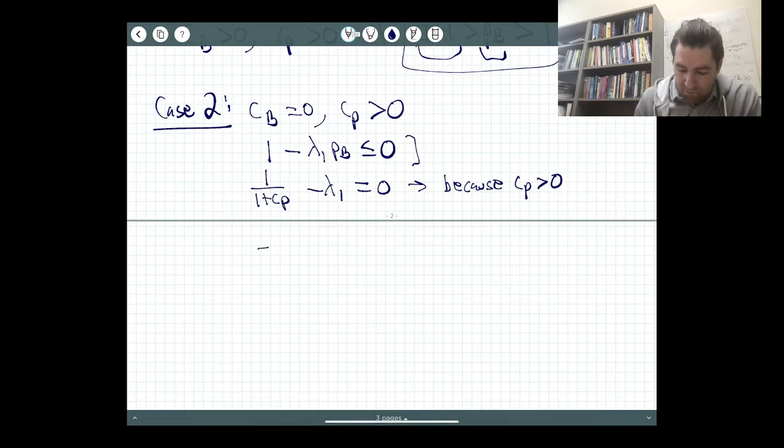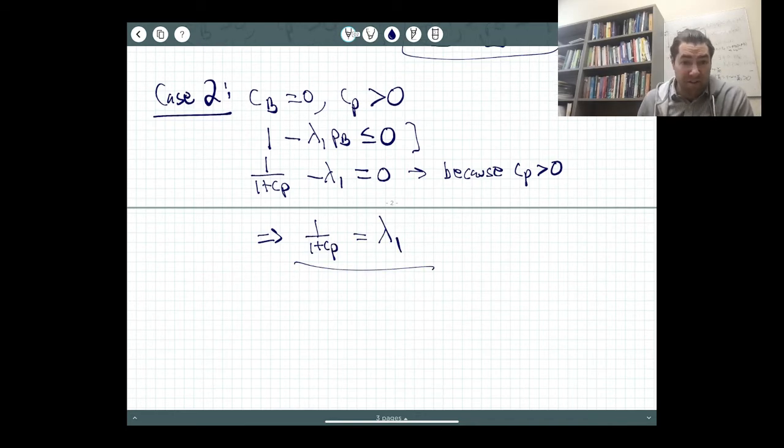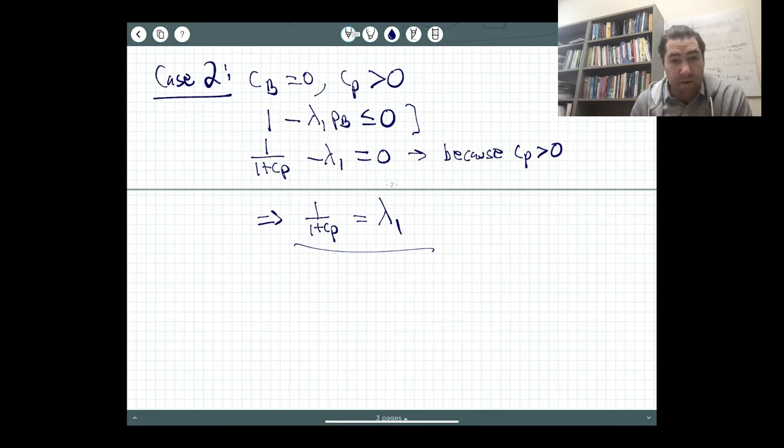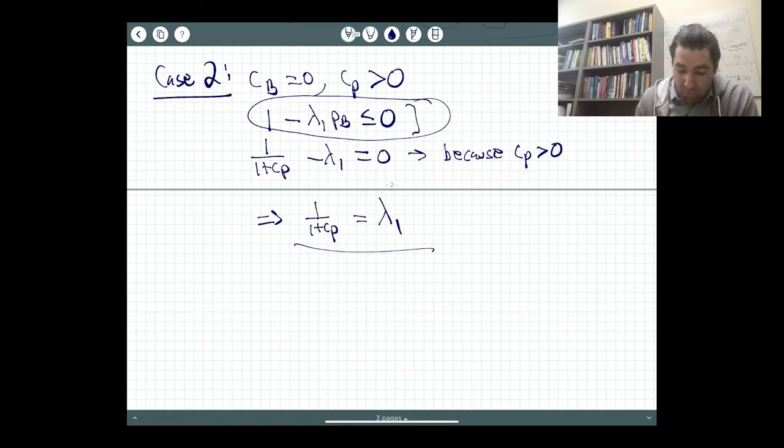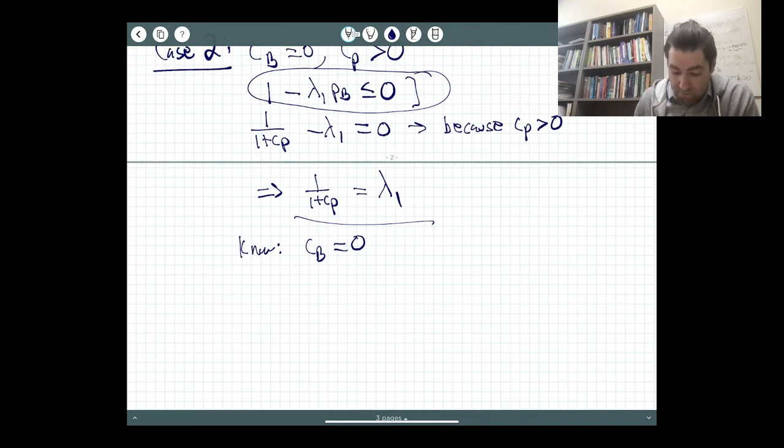So when we get to the end, if we care about the multiplier, which we might, we know what lambda 1 is. But how do I actually find CP? I can't plug this back into the other first order condition because I don't know it's equal to 0. But what we do know is we already know what CB is. CB is 0 in this case. So the budget constraint will tell me what CP is.